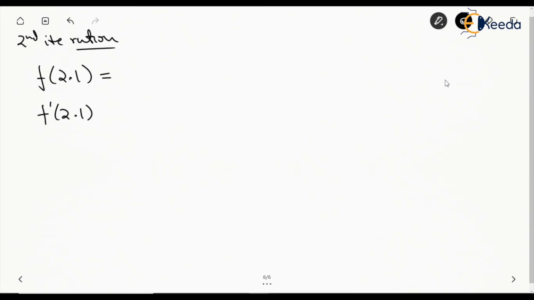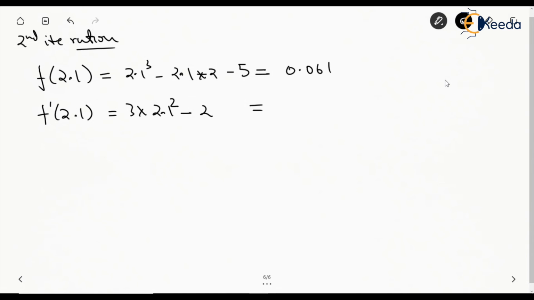This is going to be 2.1 cube minus 2.1 into 2 minus 5, and f dash will become 3 into 2.1 square minus 2. So this value is going to be 0.061 and this is going to be 11.23.